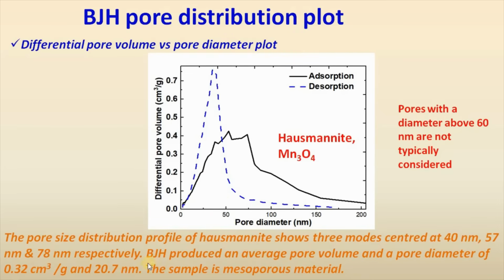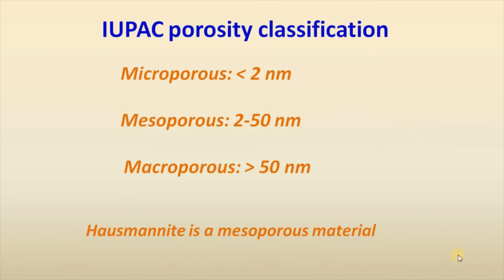Well, then BJH produced an average volume and pore diameter of 0.32 centimeter cube per gram and 20.7 nanometer. Therefore, the sample is mesoporous materials. Well, then IUPAC porosity classification is: if a pore diameter is less than 2 nanometer, then it is microporous material.